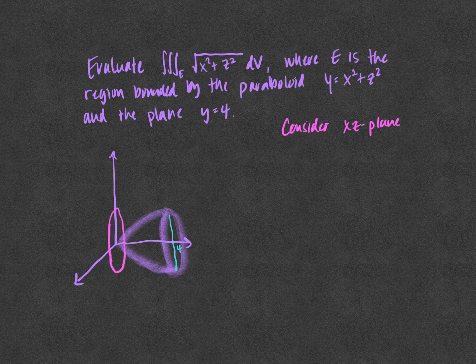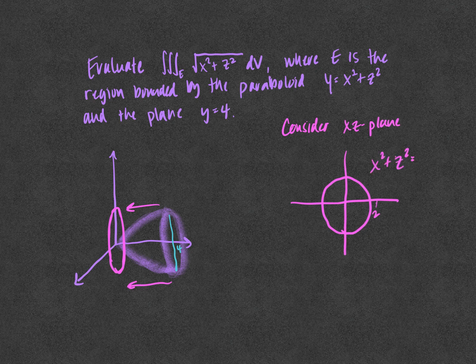It draws a circle with the radius of 2 when you push everything flat to the axis. So when we consider our xz plane, we have a circle with a radius of 2, the diameter of 4. So we can say that x squared plus z squared equals 4, and that's how we get our circle with center 0, 0, and the radius is 2.